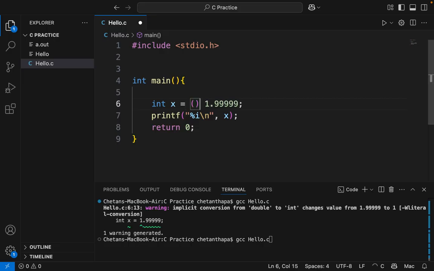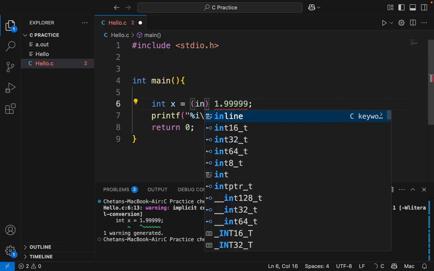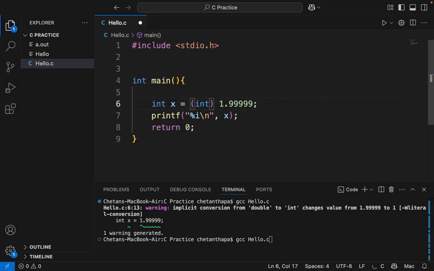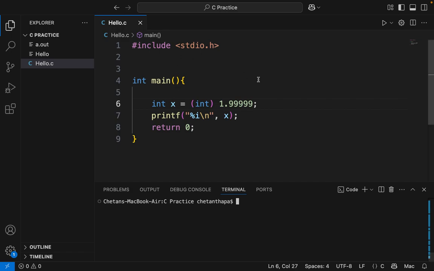In the beginning you need to put int. Now it's running properly, because earlier it was giving us an error.